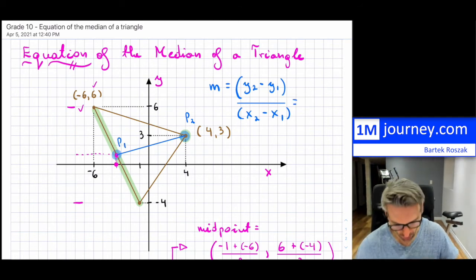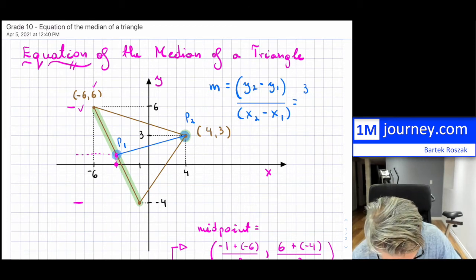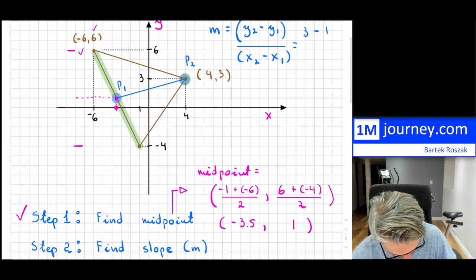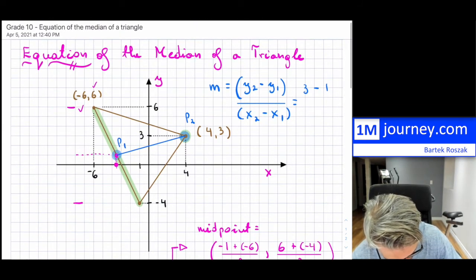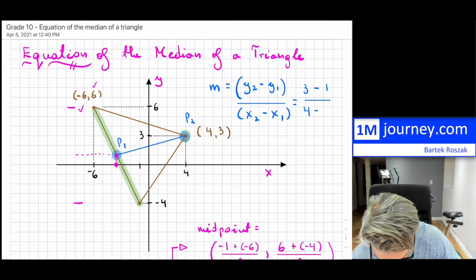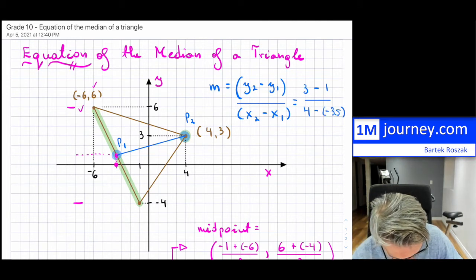So now my y values, this is going to be 3 minus 1, divided by x, which is 4 minus negative 3.5. So my slope is going to be 2 all over 7.5. All right, so that's what that's going to be.